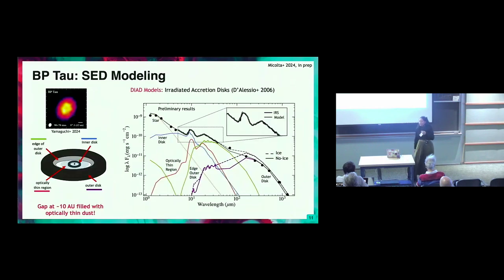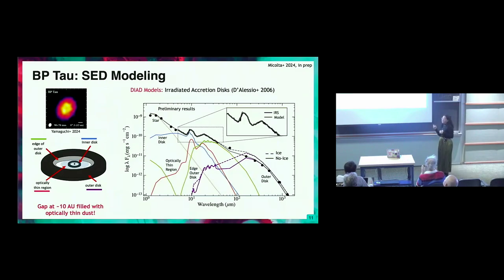So the next step was to see if we can say something about the disk. For this, we do SED modeling of BP Tau. So we see here the inner region of the disk, a lot like what Peter said earlier. It's contributing to the 10 micron, and then the outer region is the one contributing to the 20 micron.